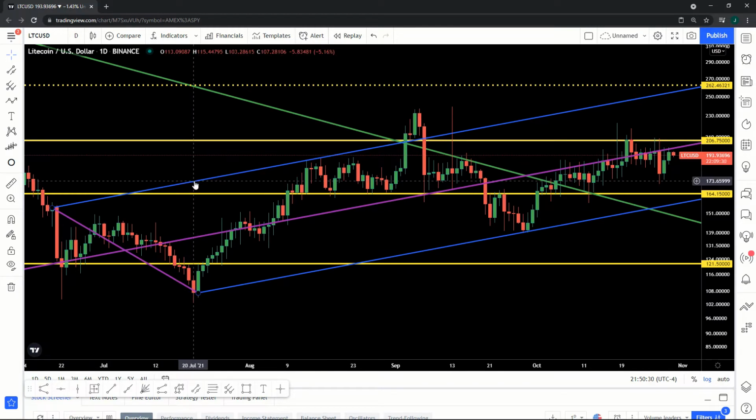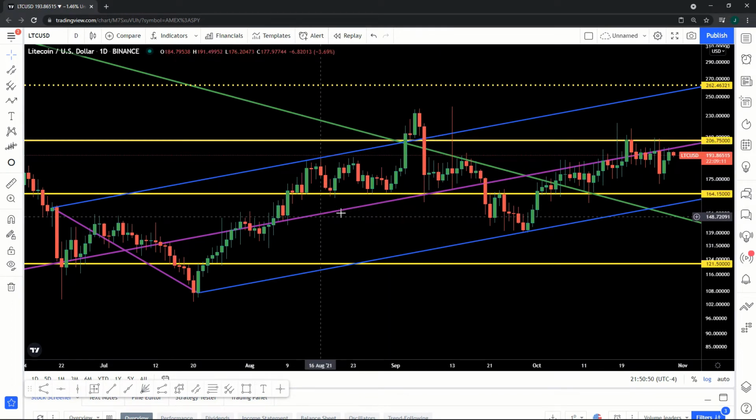This upper band is resistance because here we have the touch points. Price couldn't get above it and fell right below it. Here, price got over it, but wasn't able to stay above it, and subsequently fell right back below the blue.